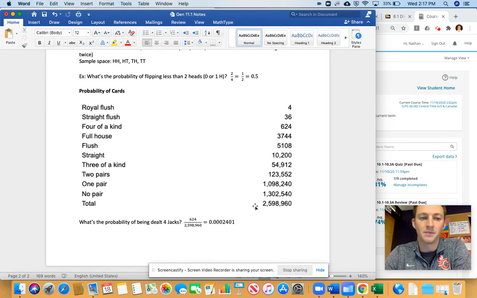Last example here, we have all these different types of cards, and we're playing, I think it's poker.